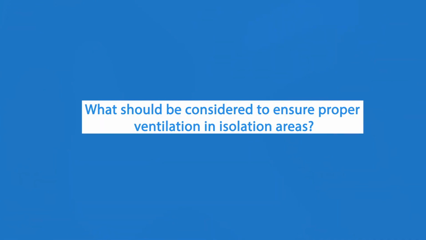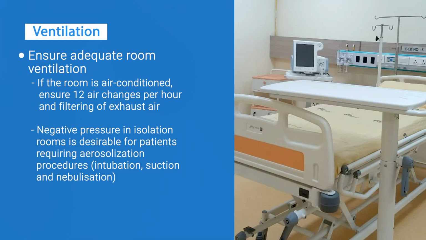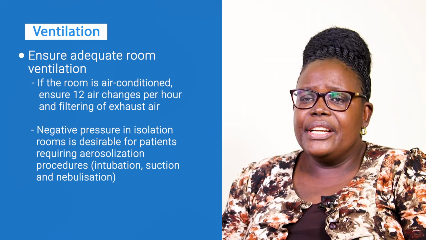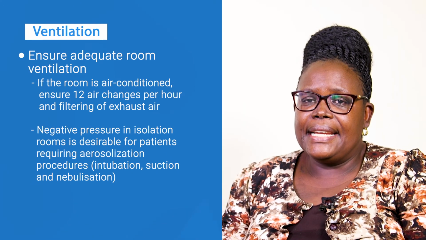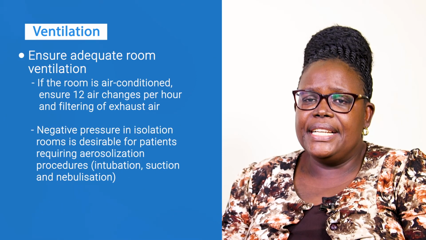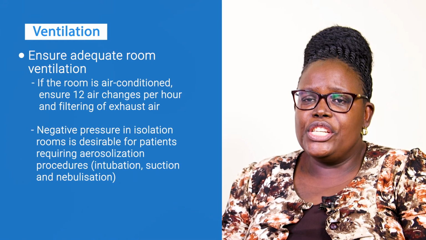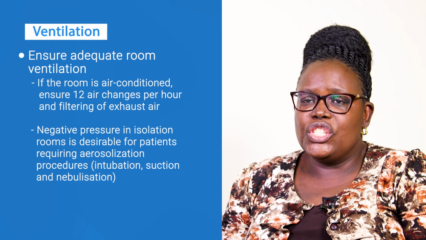What else should be considered to ensure proper ventilation in isolation areas? Ensure adequate room ventilation. If the room is air conditioned, ensure that 12 air changes per hour and filtering of exhaust air is being undertaken. Negative pressure in isolation rooms is desirable for patients requiring aerosolization procedures, which include intubation, suction, and nebulization.